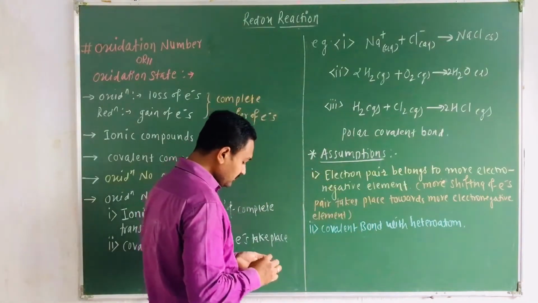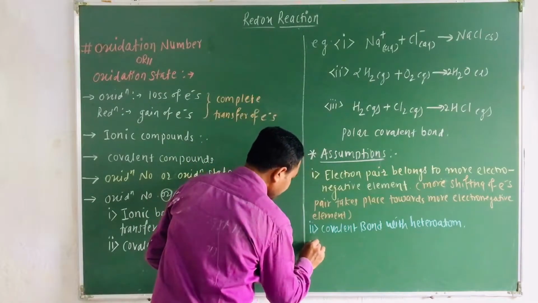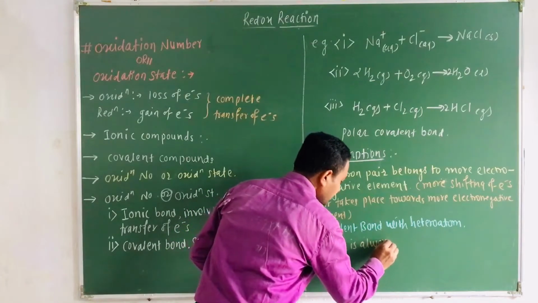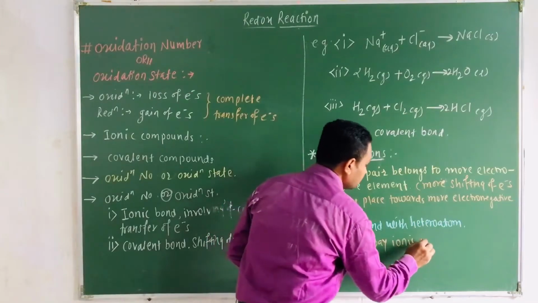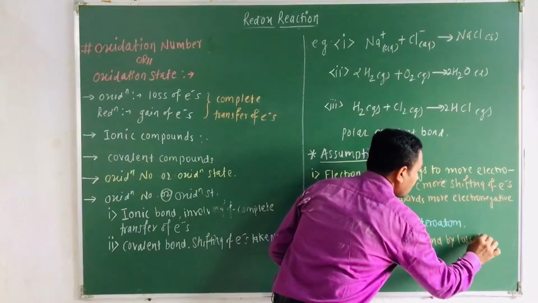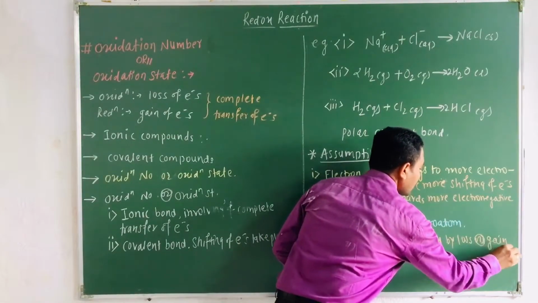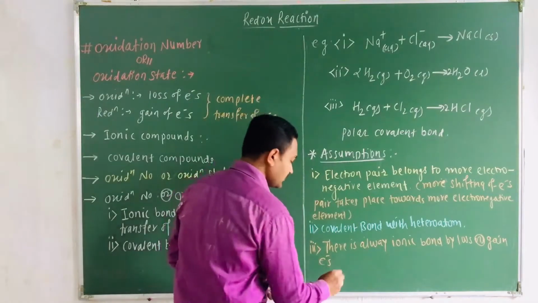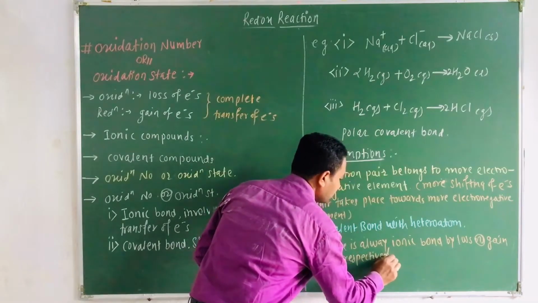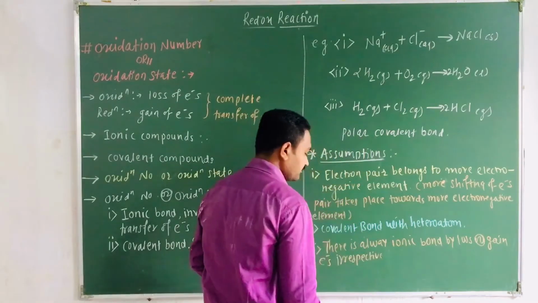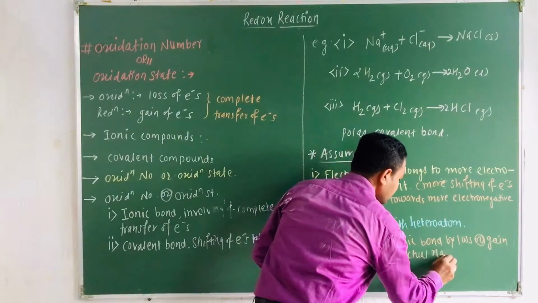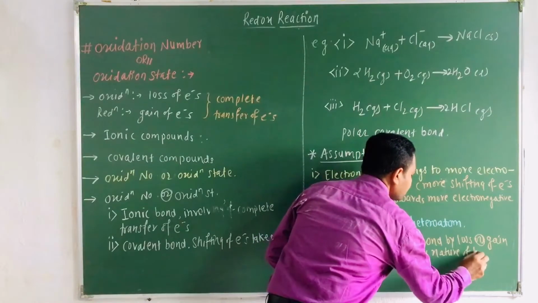Now the third important assumption: there is always an ionic bond formed by loss or gain of electrons, irrespective of the actual nature of the bond.